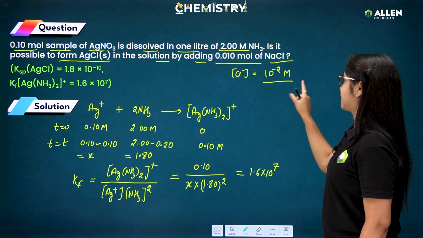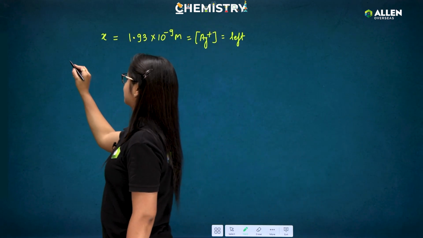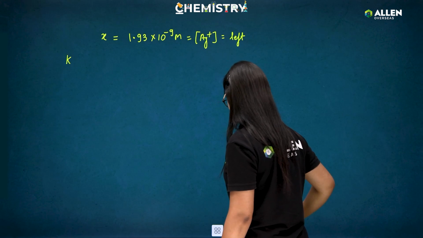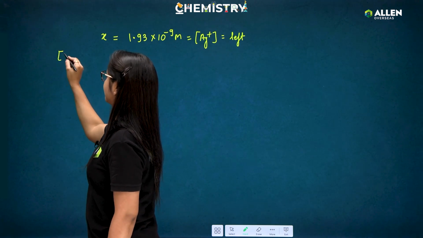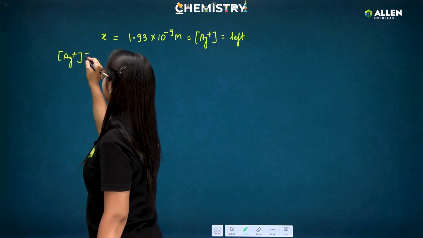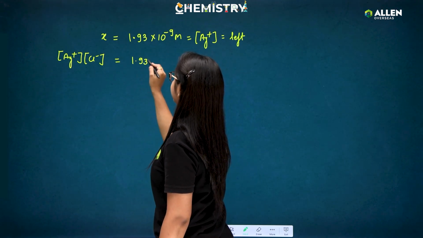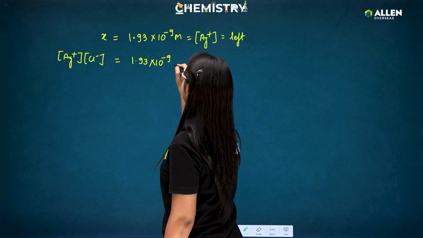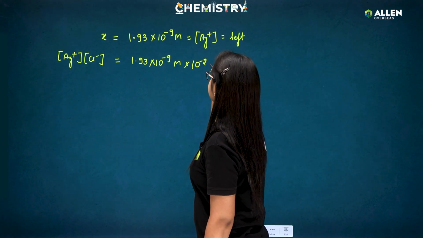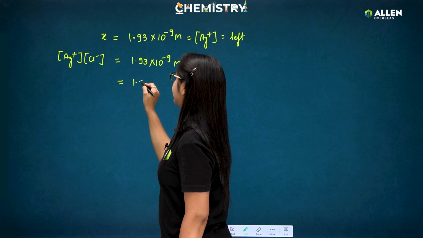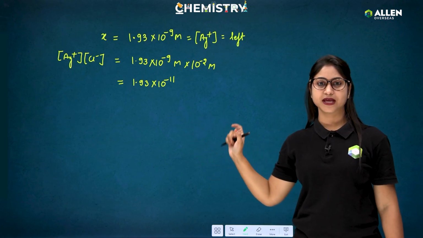Now this is the Ag plus left, so if I calculate the ionic product of Ag plus and Cl minus ion, it will be 1.93 into 10 raised to the power minus 9 molar into Cl minus ion 10 raised to the power minus 2. So we are getting 1.93 into 10 raised to the power minus 11. This is the ionic product for AgCl, right?